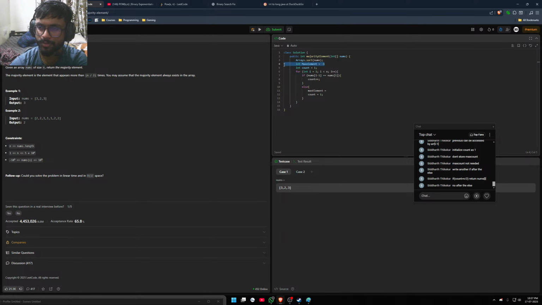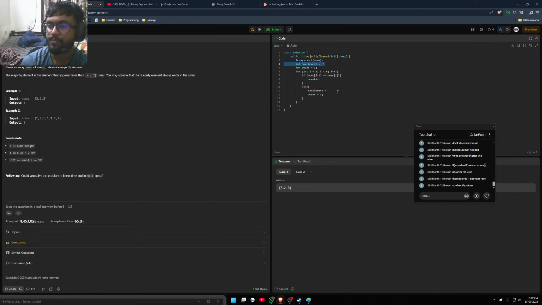So you're saying we don't even need this. If count is greater than n by 2, return nums of i. But we are changing the count to 1 again, right? So that won't work now.